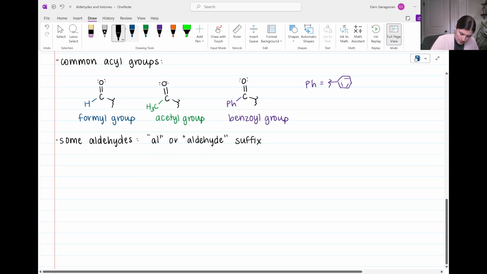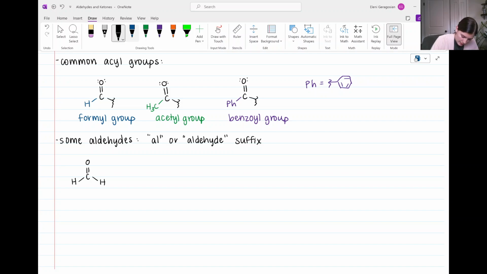So let's draw 4 molecules and then we'll name all of them. So here we have a carbonyl carbon bonded to 2 hydrogens.